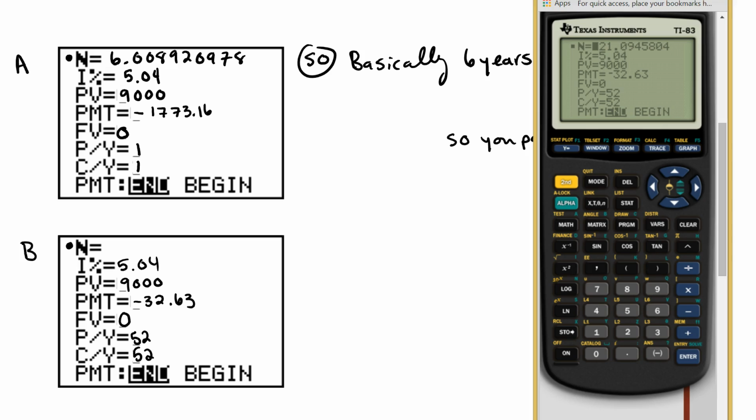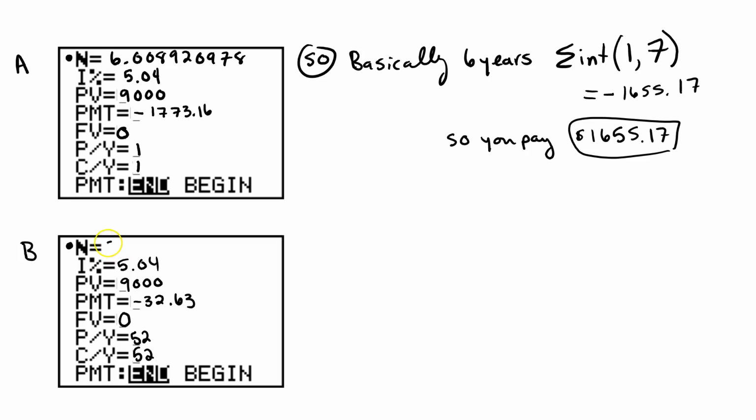So the number of weekly payments that I make is 321 point something. Okay, so 322 payments. So let's just copy this in: 321.09458804. We do need to unpack this a little bit.